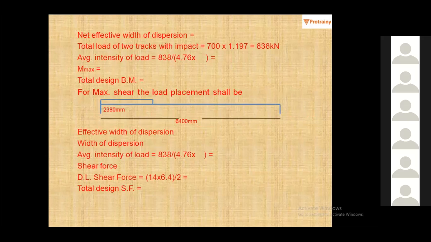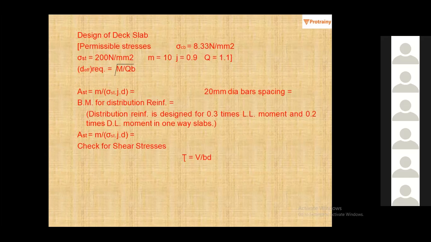How much is the moment? 185 kilonewton meter. Now this is in kilonewton meter, right? And upon Q is 1.1, it is unitless, but B is 1000 mm. So you have to do the conversion. What are you getting? D effective required.